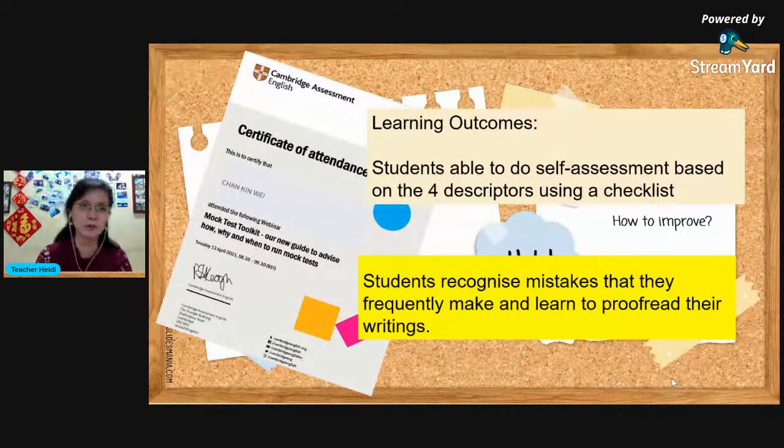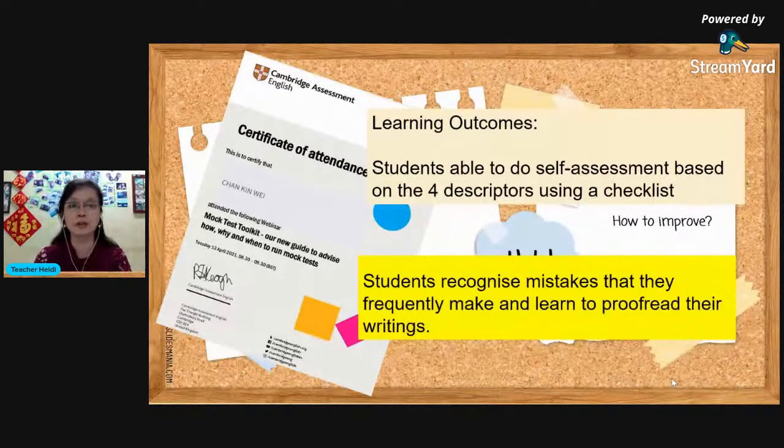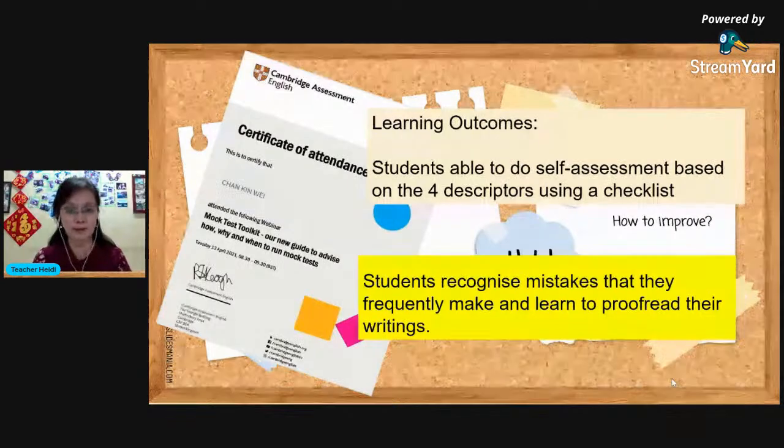All the credit goes to Cambridge Assessment English, because they are the ones who taught teacher how to expose our students and guide them to do better writing and perform better in their exams. This is the mock test toolkit that teacher attended, a new guide to advise how, when, and why to run mock tests.